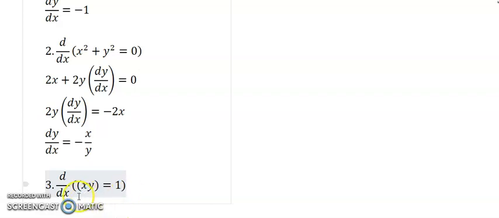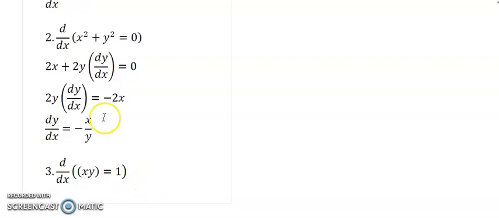Okay guys, here we have xy, meaning that whenever you have two variables that are multiplying each other, you will just do it like this. You will first derivate the first variable, keeping the second one constant, plus, because here we will use what we call the product rule. Let me just do it quickly.